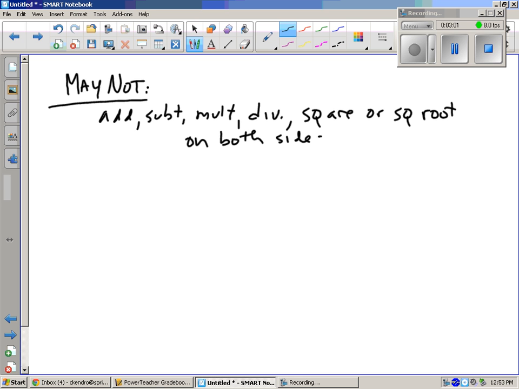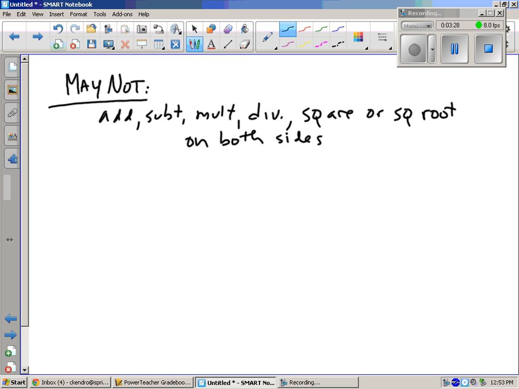That's why we worked on the left side only. If you do any of these things, that means you're assuming that the problem is true to begin with, and we are trying to prove that it's true. So you can't put the cart before the horse. You can't say it's true by adding and subtracting on both sides before we prove it's true. Those are big no-nos. Do not do that stuff.